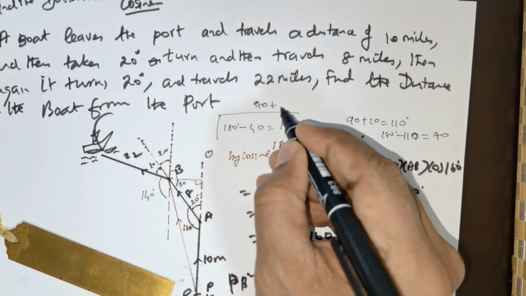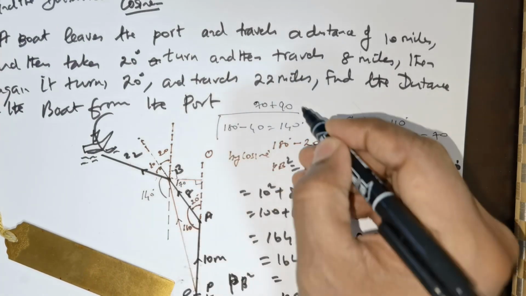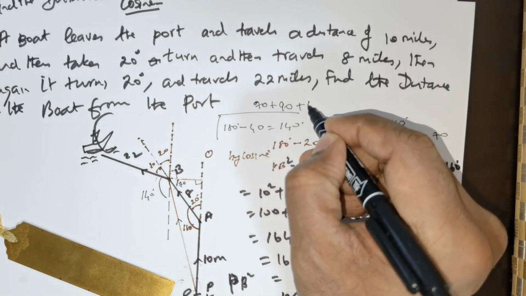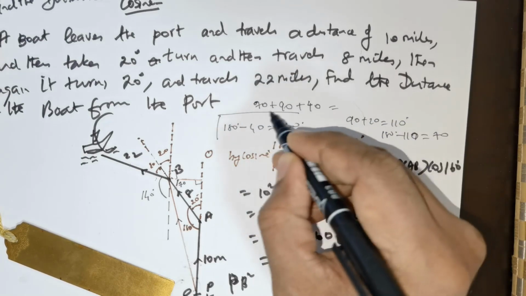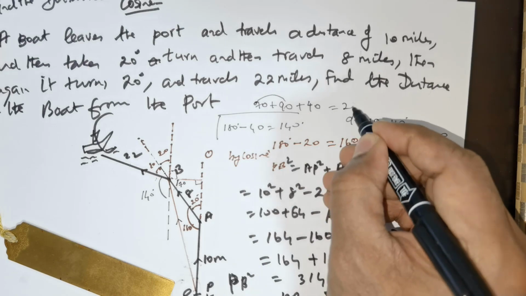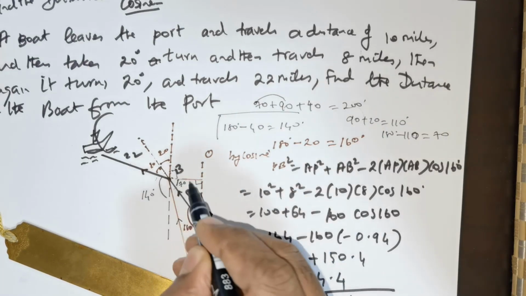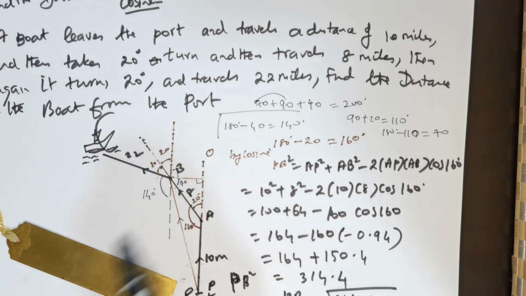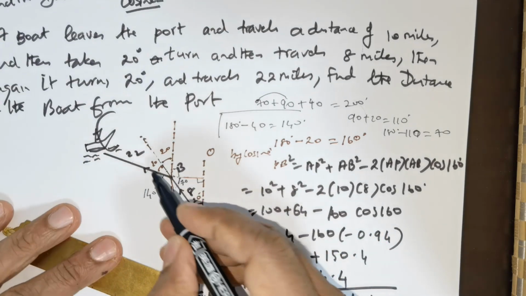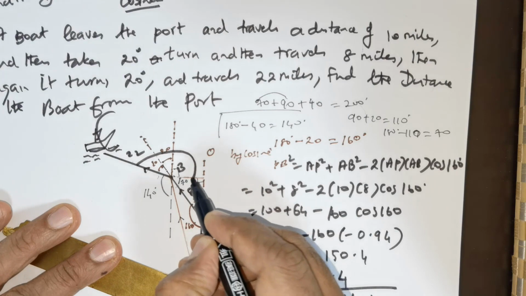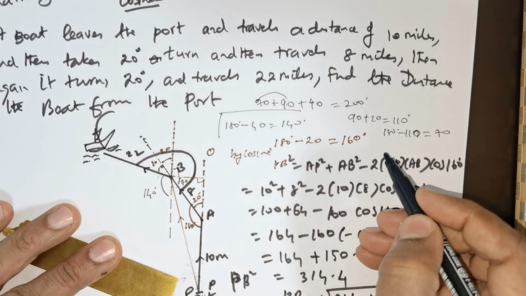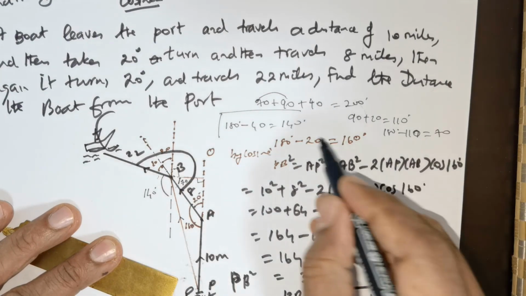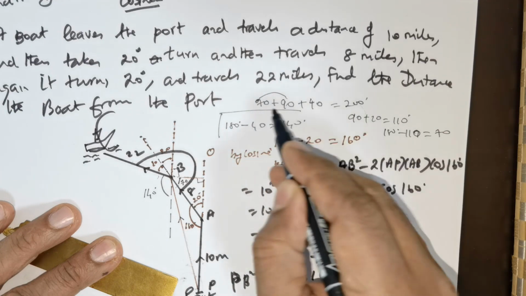70 plus 90, so this entire angle is 160, 200 degrees here. So this entire distance which we are talking about is going to be 200 degrees, right?